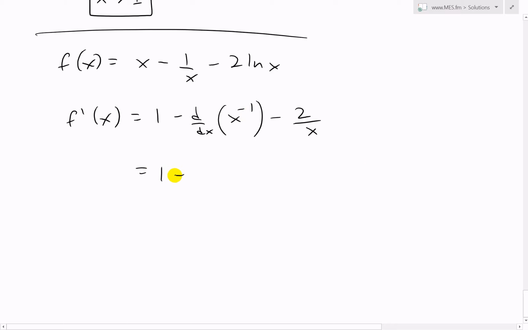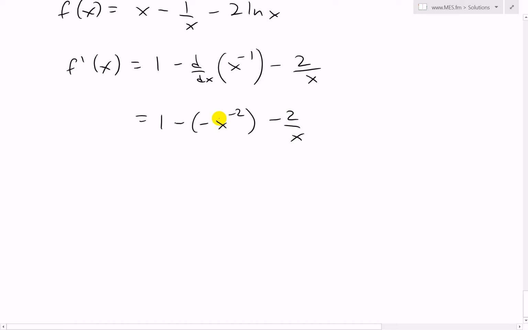So 1 minus, and this goes down, so we'll have a negative 1, and then x to the power of negative 2, minus 2 over x. This is the same thing as writing 1 over x squared, I just flip that down, minus 2 over x. So that's what the derivative equals.